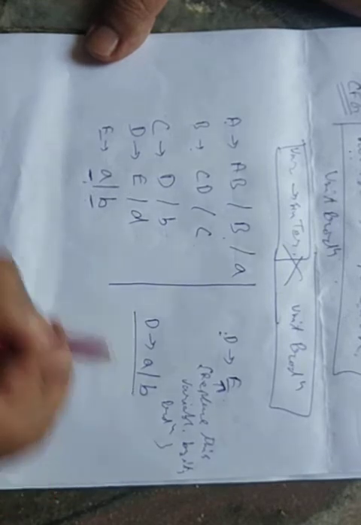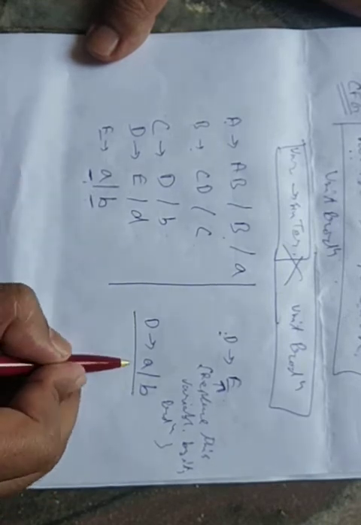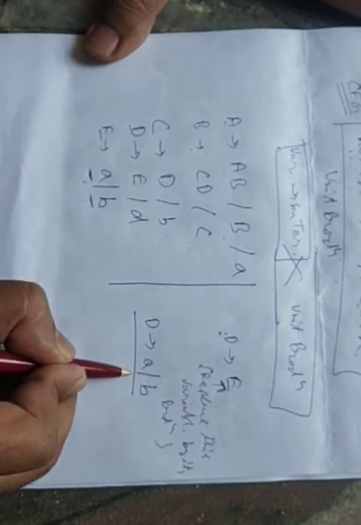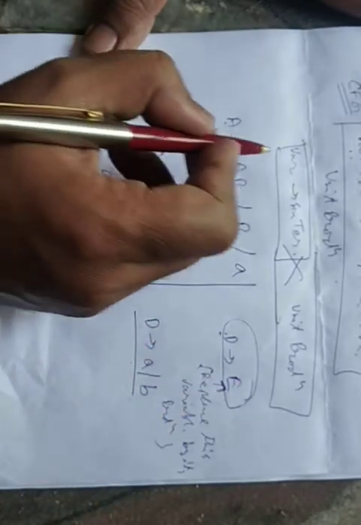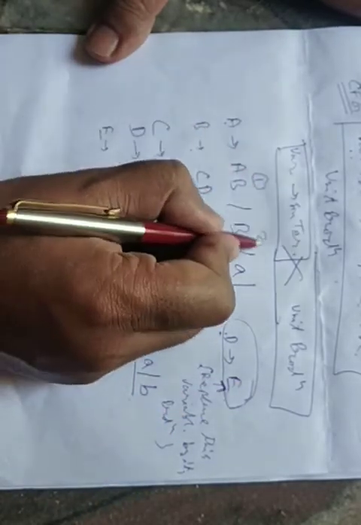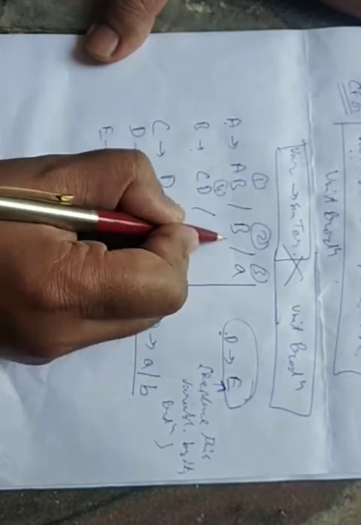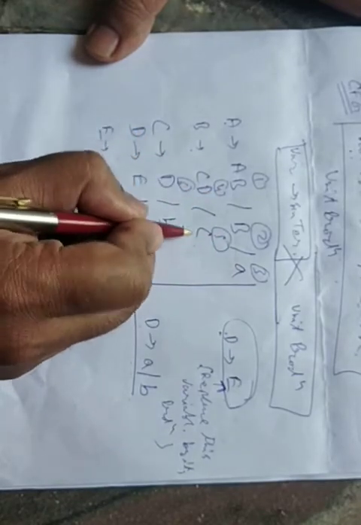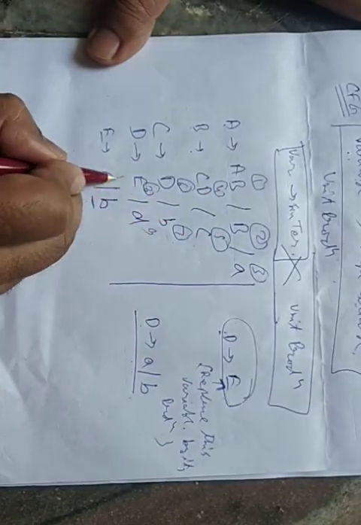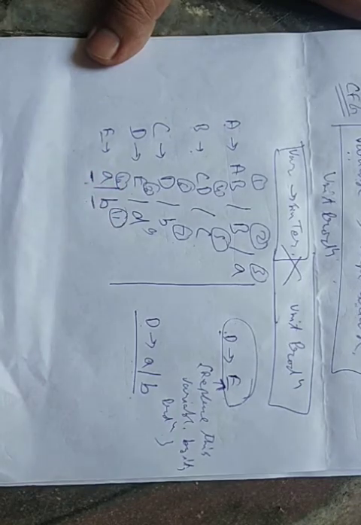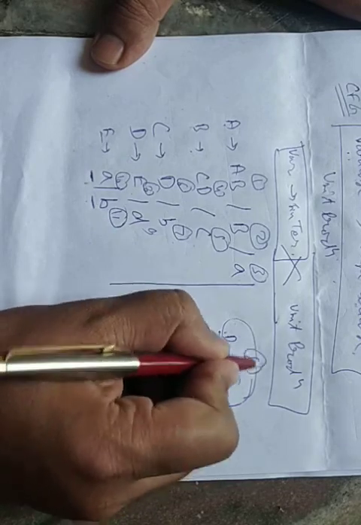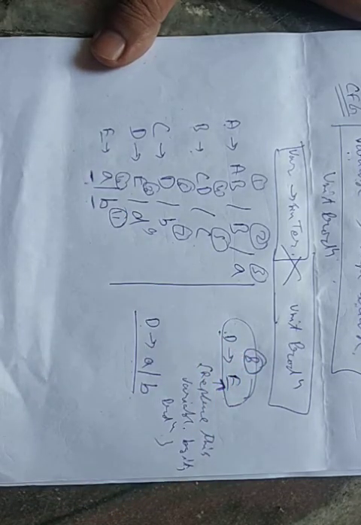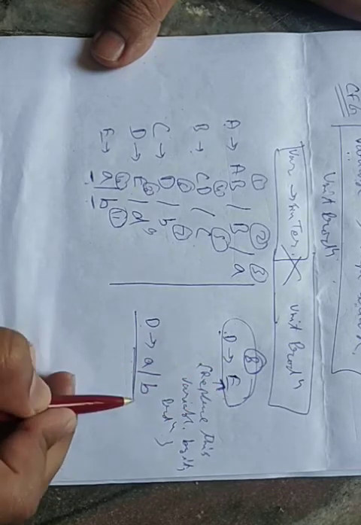Now please do not forget that D is producing A slash B in place of this rule. So let's number the rules 1, 2, 3, 4, 5, 6, 7, 8, 9, 10, 11. I have 11 rules, and currently I have picked rule number 8, which says D produces E, and it will be replaced by this.